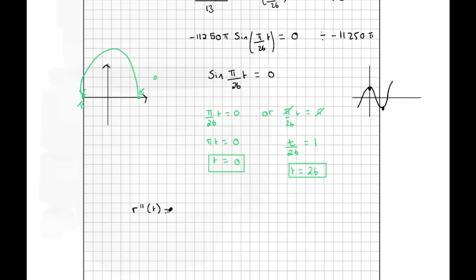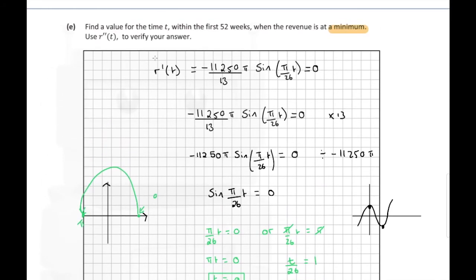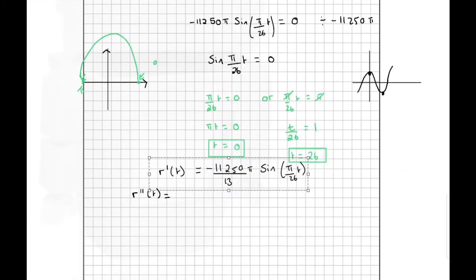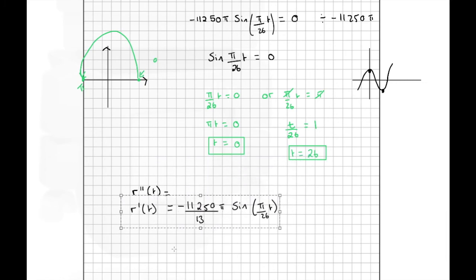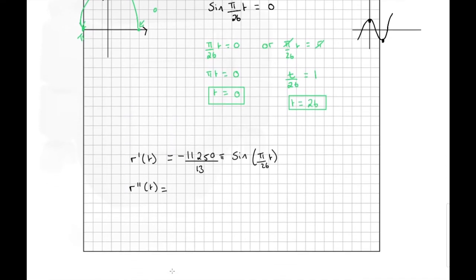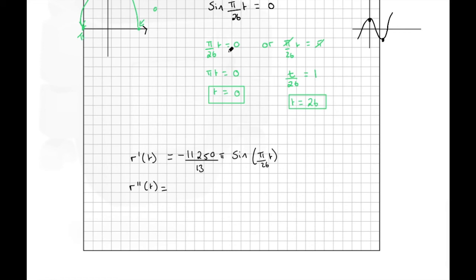Now, that's going to take a bit of effort. So we need to go back and get what was our first derivative, and we're going to go again with that. So I'm going to bring that down here. I'm going to give us more space, so I'm going to move this underneath. If I differentiate that again, I'm going to use the chain rule again.